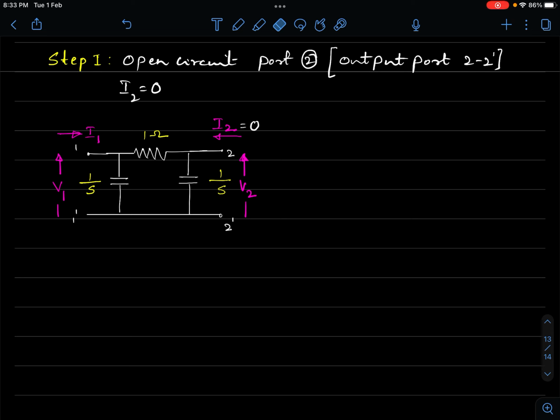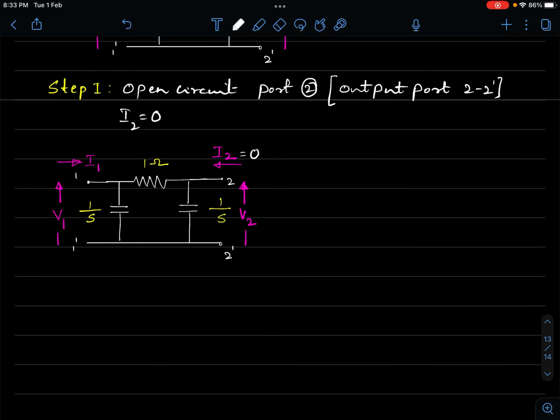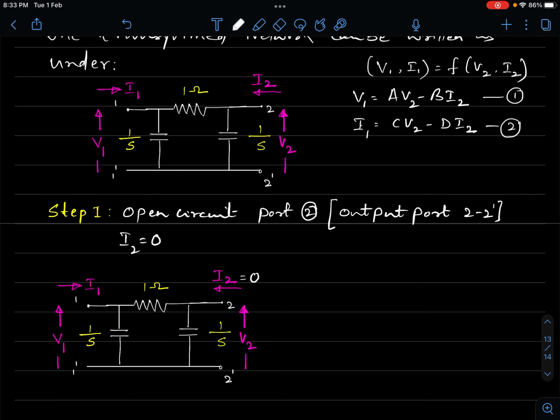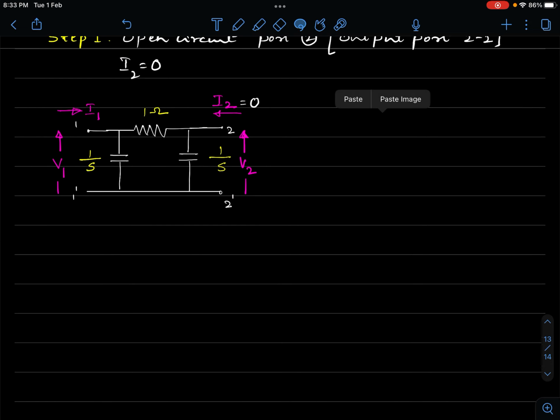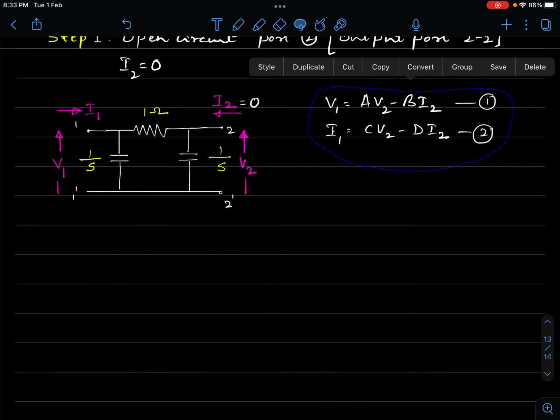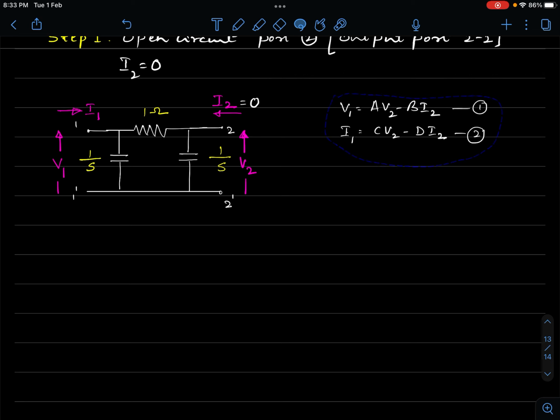Now, if this is the configuration, how do we write the various quantities and the relationships? We will see what will happen to my equations 1 and 2 with I2 being 0. I will take these equations again here. I'll copy this and paste it here. I will see what will happen with I2 0.